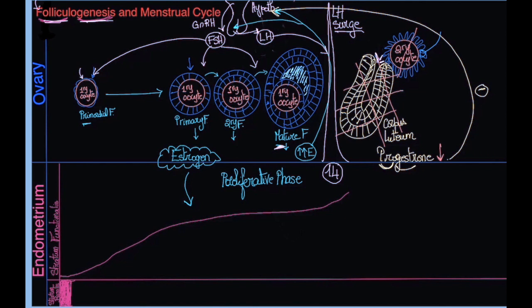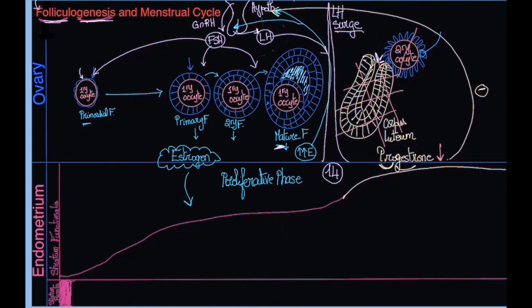Corpus luteum, if you remember, was releasing progesterone, and the progesterone will be increasing the thickness of the endometrial lining. Also, it's going to be engorging the blood vessels and increasing the secretions from the endometrial glands.